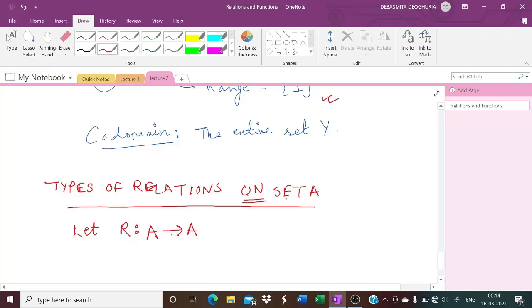They will only tell you a relation on the set of natural numbers, or a relation on the set of real numbers, which would be like R to R.